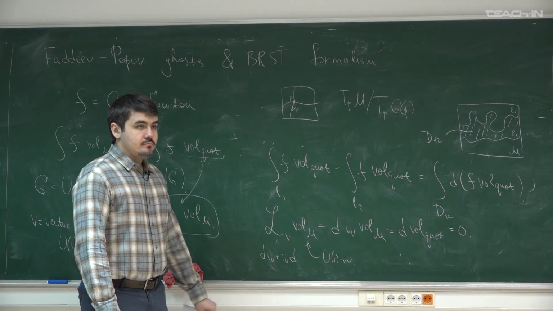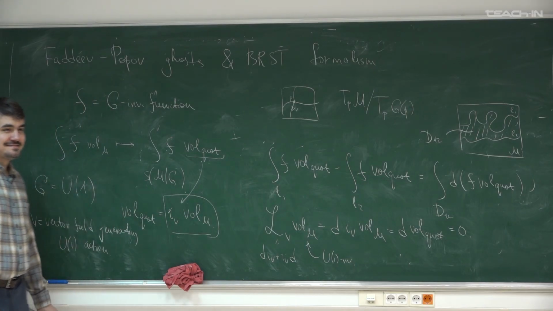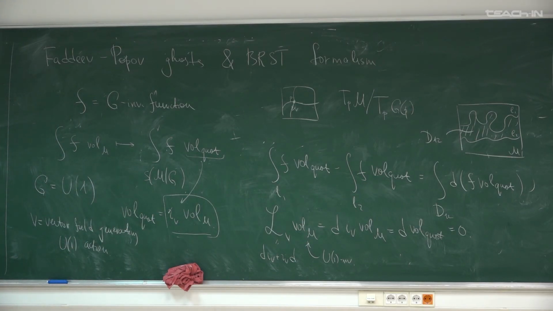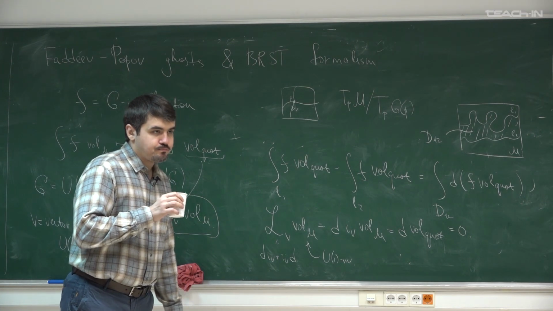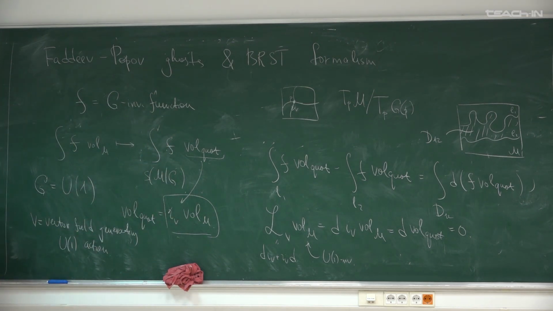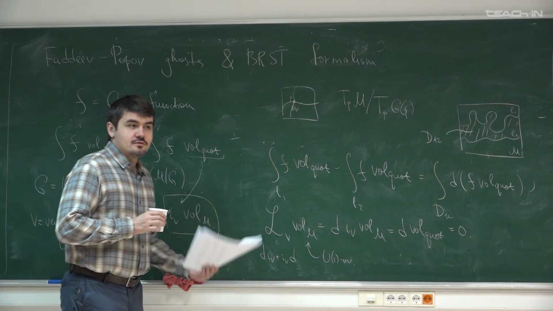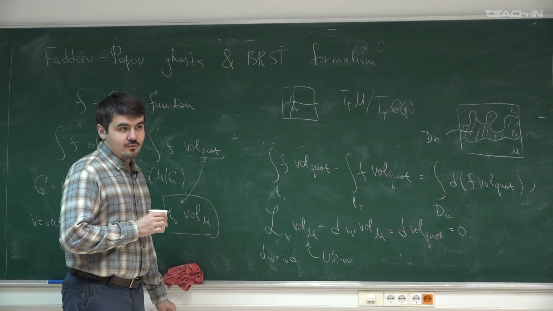Can I ask another silly question? When we go from integrating over the manifold to integrating over the quotient, why are we integrating over the section M over G and not just over M over G? Well, that's technically one way of integrating over M over G, right?